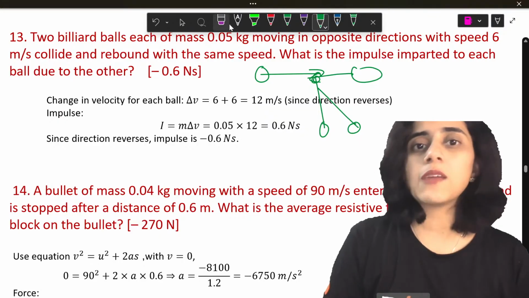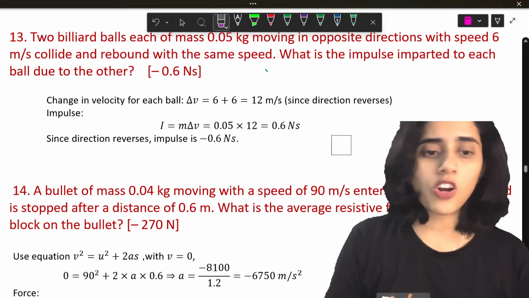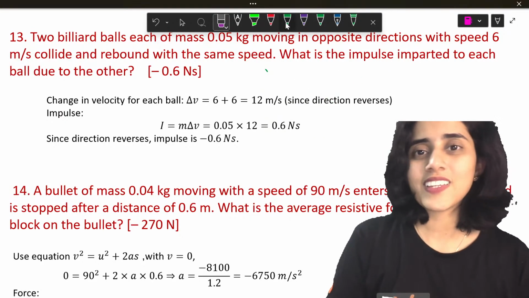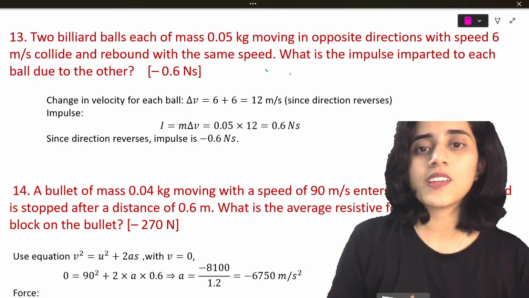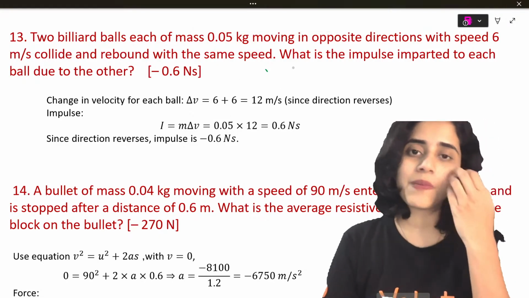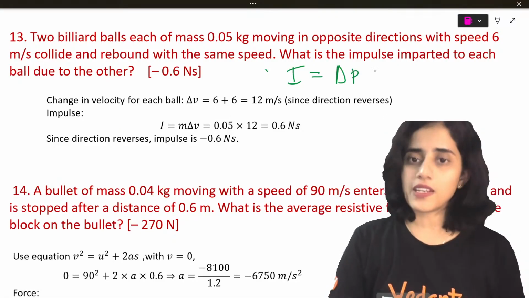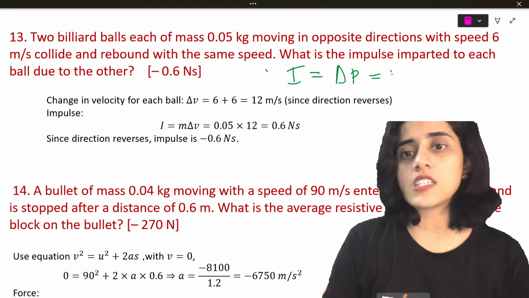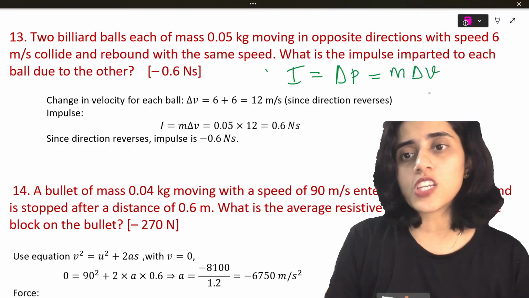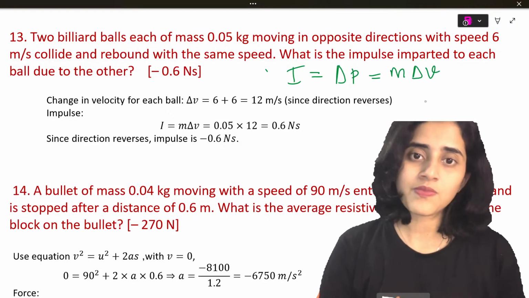We have to find out impulse. We already know impulse, we've derived a formula. What is impulse? Change in momentum. What is change in momentum? Mass into change in velocity.